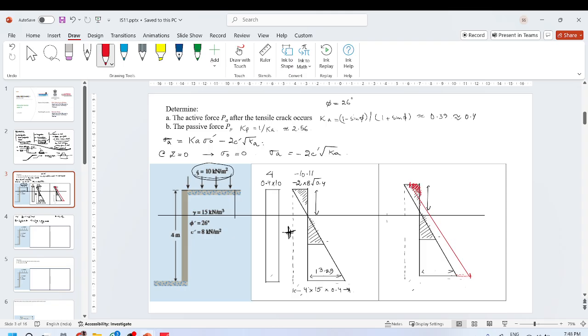This will be the new diagram. This will be 17.29. This will be 6.11, minus 6.1. And then we will have a reduced height. Let's see.